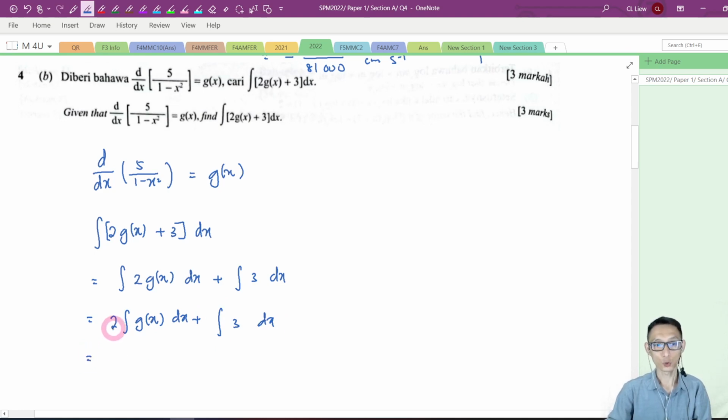Now 2 you just copy. If you integrate this one, we get back this one, right? So this one you don't have to do the integration yourself because we don't know the function of g(x), right? Since given by the question, differentiate this one, you get this. Integrate this one, you get back this one. Okay, what do we need to do? Just copy this whole thing over here.